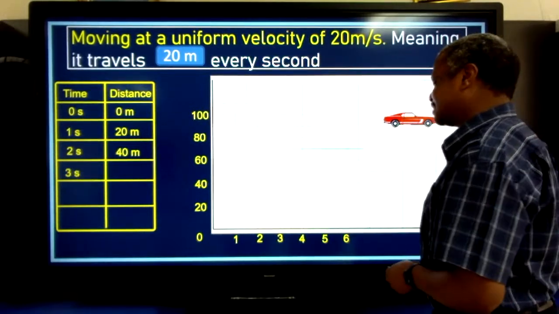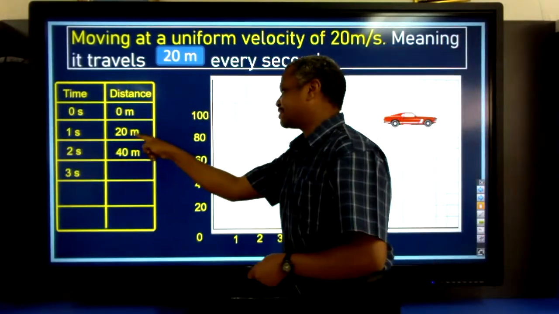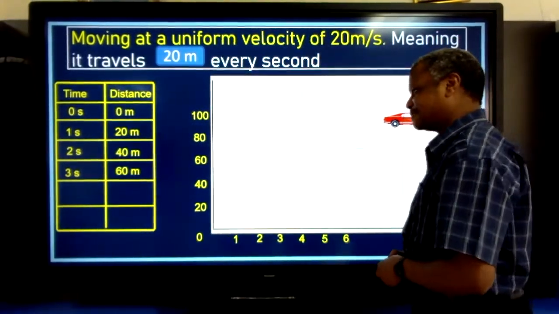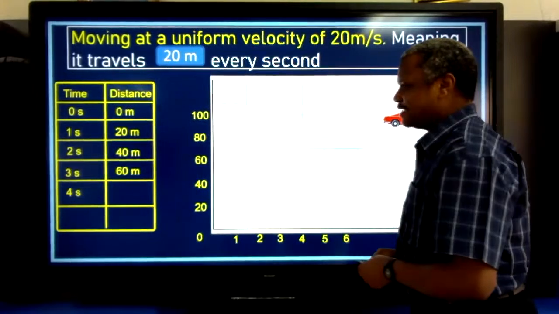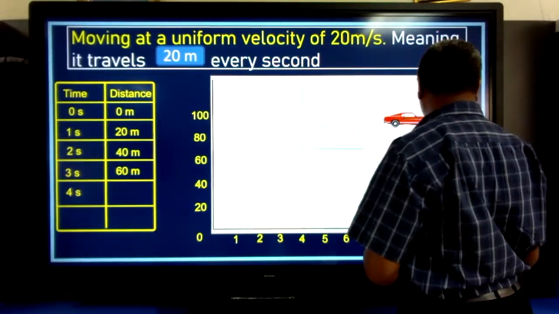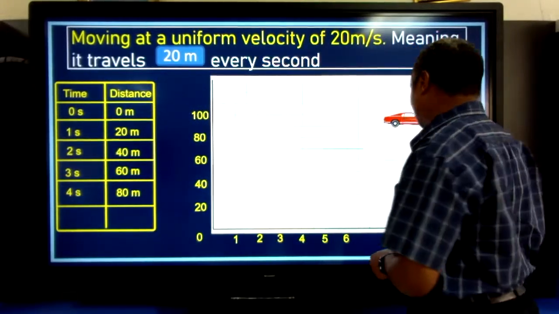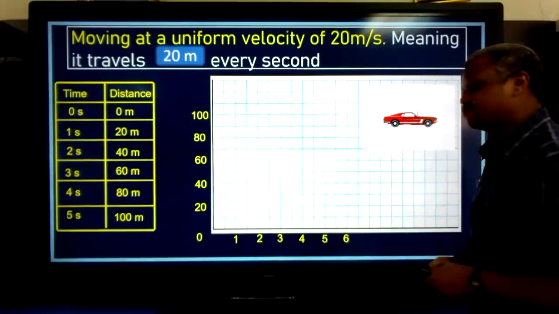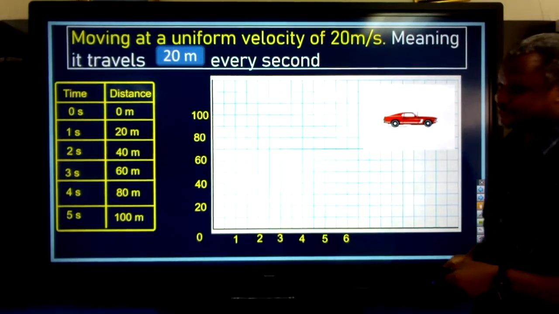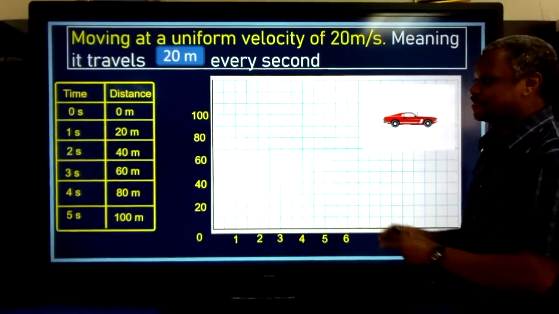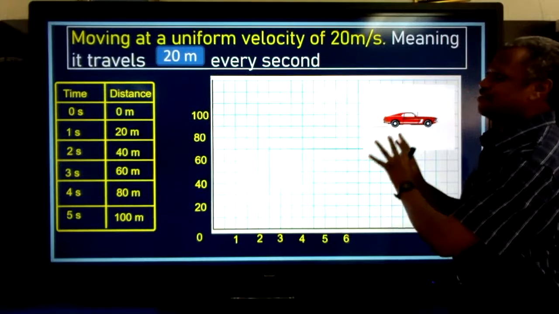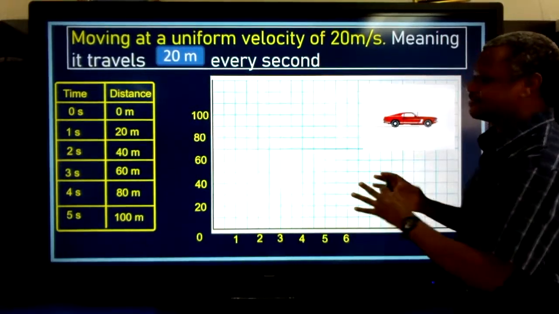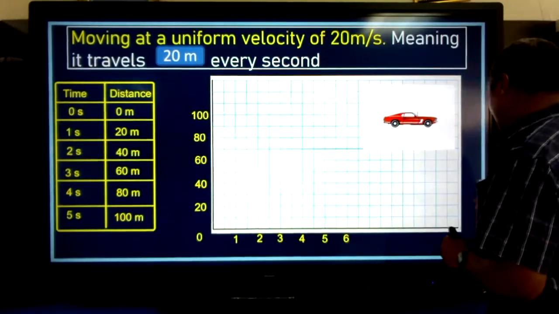At 3 seconds, 40 plus 20, a distance of 60 meters. At 4 seconds, a distance of 80 meters. And at 5 seconds, a distance of 100 meters.